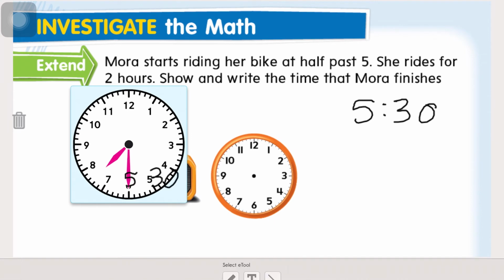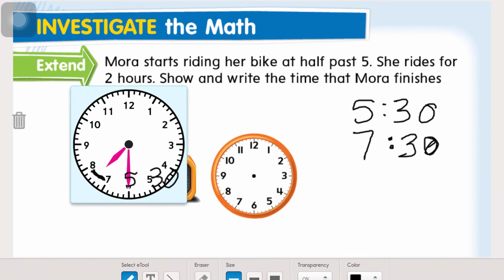If we look very closely at our hands here, you can see that our hour hand is now between the 7 and the 8. It's on its journey from 7 to 8. So we would say that this is 7, and then it's still going to be 30, because it's 2 hours from 5:30. Really we just added 2 to 5, right? 5 plus 2 is 7, and now we're at 7:30.